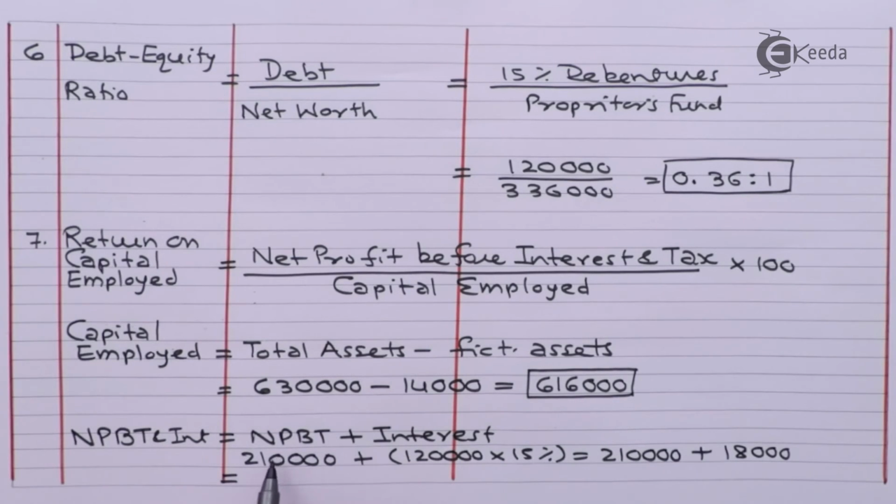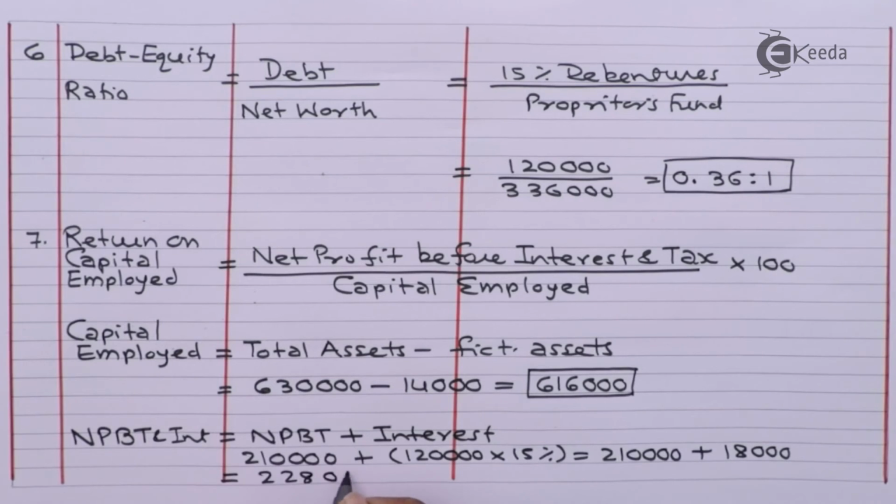So net profit before interest and tax, total amount will be 2,28,000.